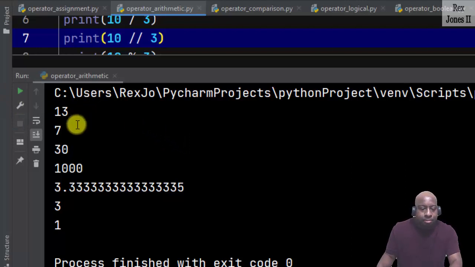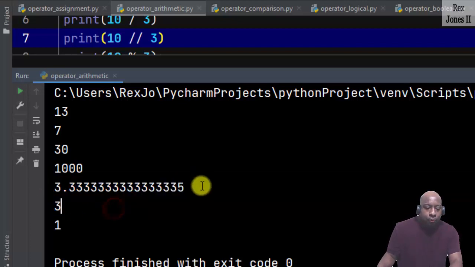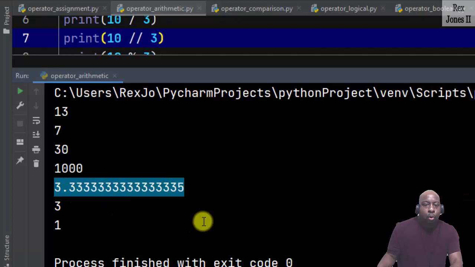Okay, so we see subtraction is 7. Multiplication is 30. Exponent raises 10 to the power of 3, then returns 1,000. That's 10 times 10 times 10. We have those 2 division operators. The normal division operator shows 3.3 with 5 at the end.